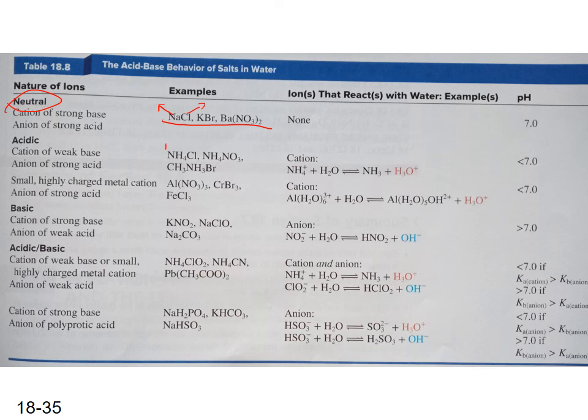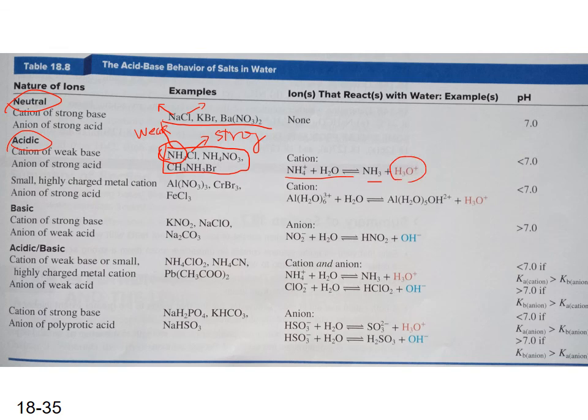For this salt, the cation comes from a weak base and the anion from a strong acid. The solution is acidic. The real reason is the cation reacts with water, goes back to the weak base, and at the same time generates hydronium ion, making the solution acidic.